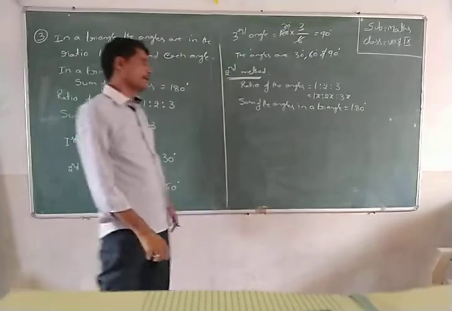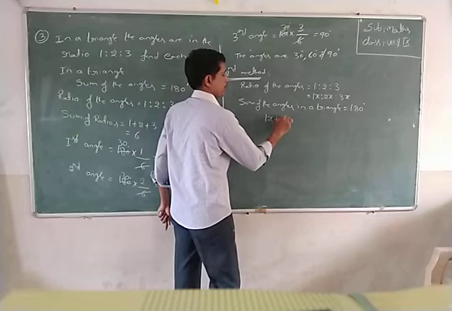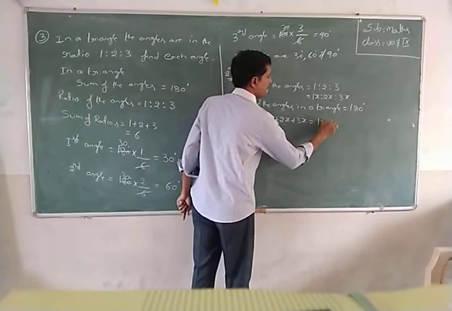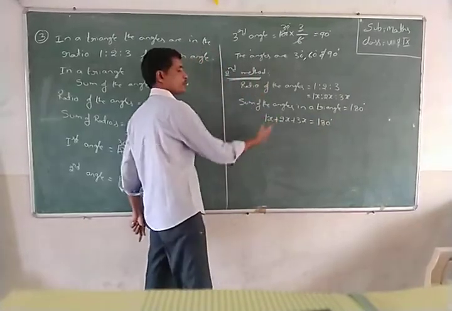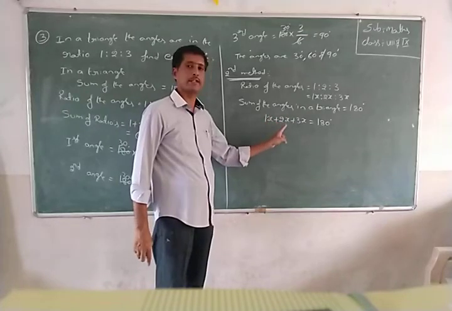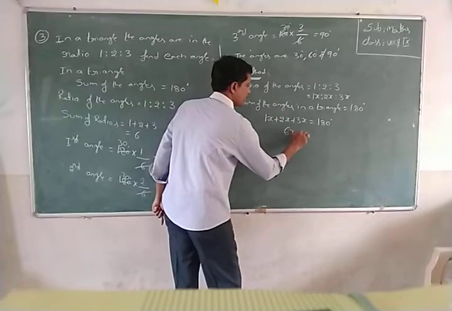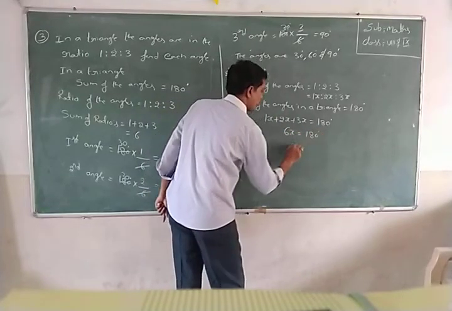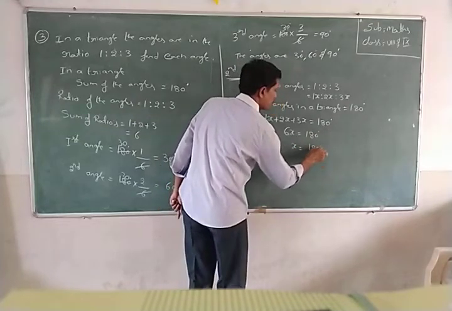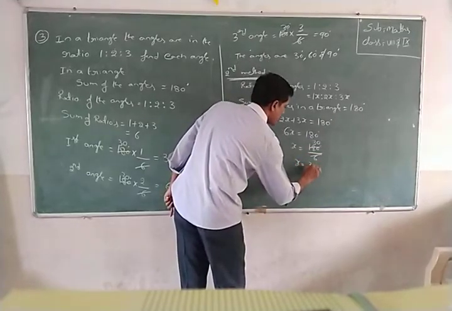Add 1x plus 2x plus 3x equals 180 degrees. These are all like terms. 1x plus 2x is 3x, 3x plus 3x is 6x. 6x equals 180 degrees. Therefore x equals 180 by 6, that is 30 degrees.